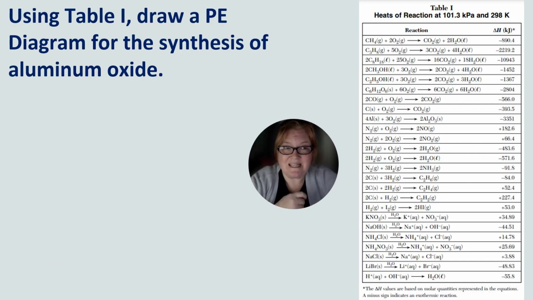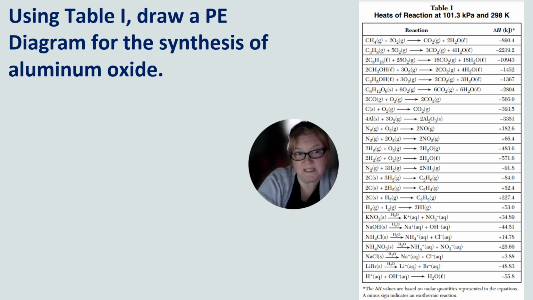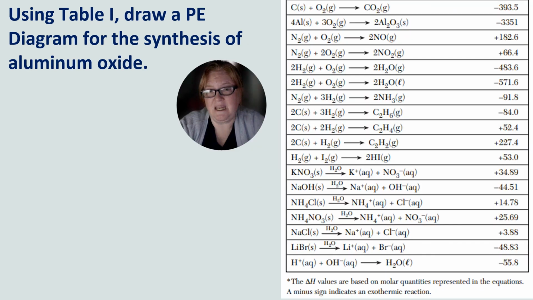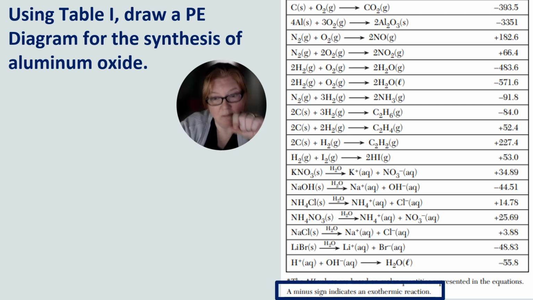Now, a question they like to ask a lot is using Table I to draw a potential energy diagram. Now this says draw a potential energy diagram for the synthesis of aluminum oxide. So first I need to find aluminum oxide synthesis in Table I, remembering that a minus sign indicates an exothermic reaction.